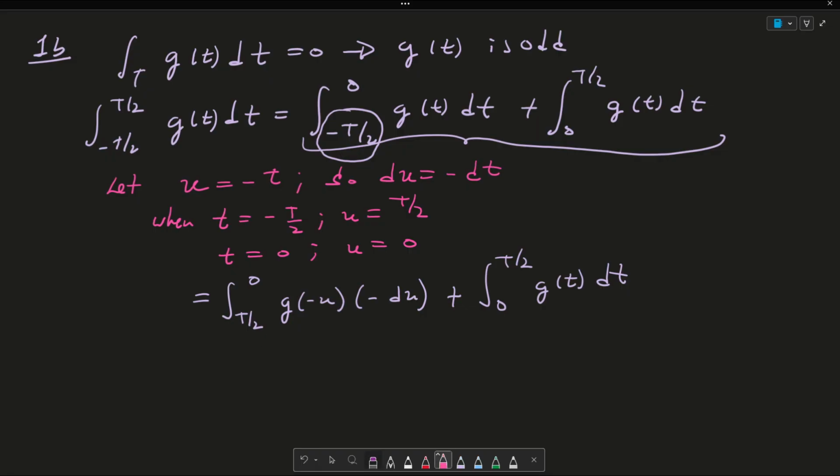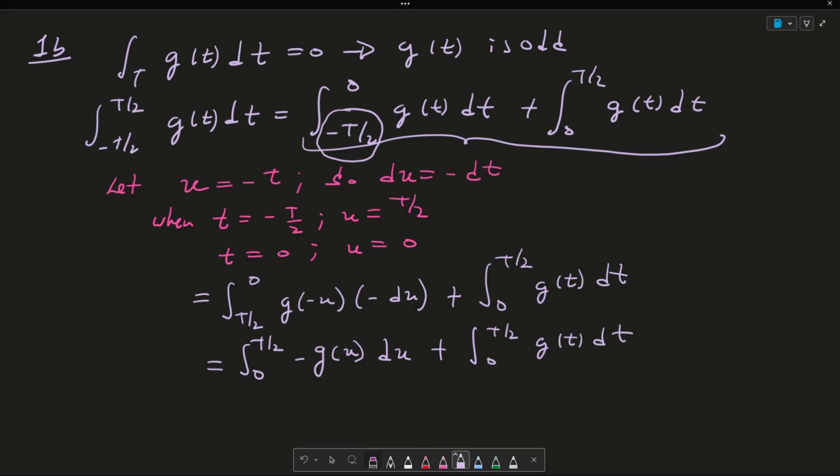Now we can notice that since this is an odd function, I can bring out the negative, and this negative sign changes my terms. It flips my parameters. So I can rewrite this as the integral from 0 to T over 2 of minus g(u) du, because it's an odd function, plus the integral of 0 to T over 2 g(t) dt.